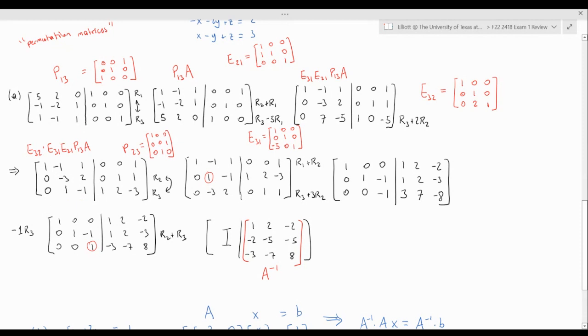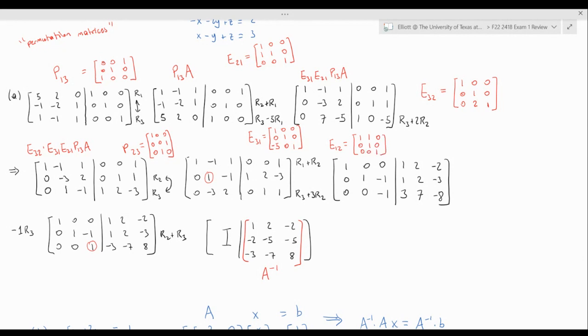Then we just finish writing out the rest of them, and then I'll cut to the end, okay? So here we have an E12. We did row 1 plus 1 of row 2. That's going to add a 1 in the 1-2 position of the identity matrix.